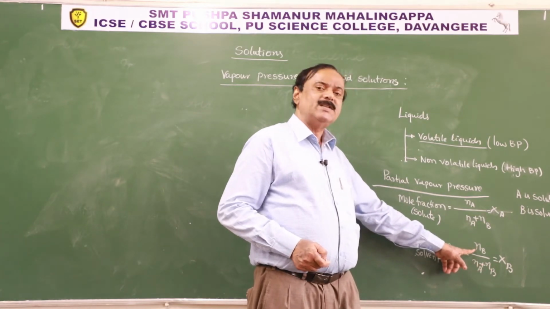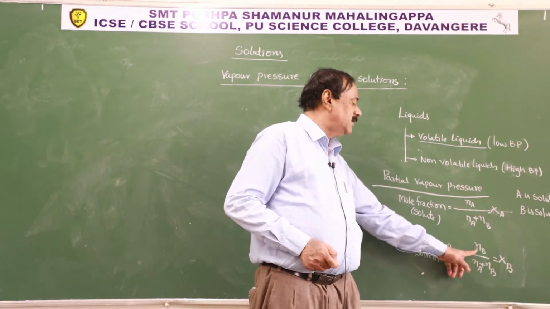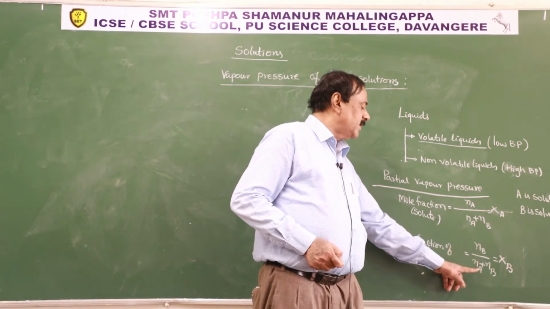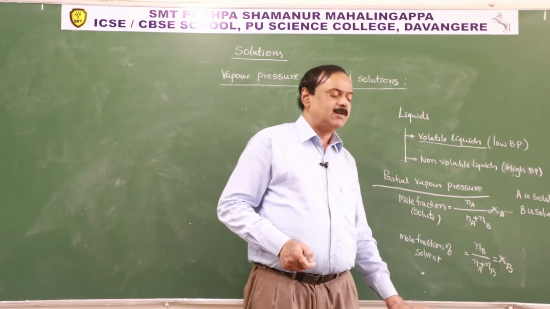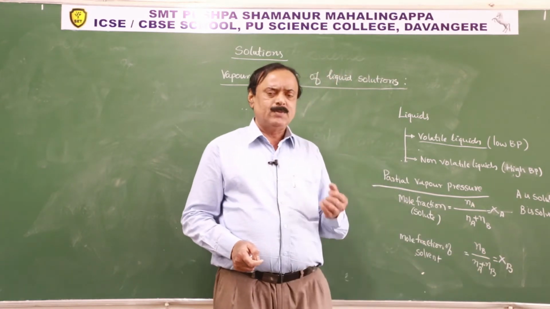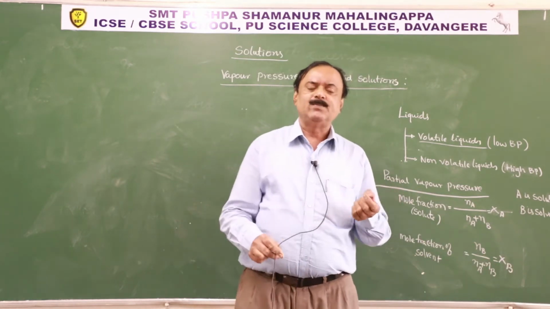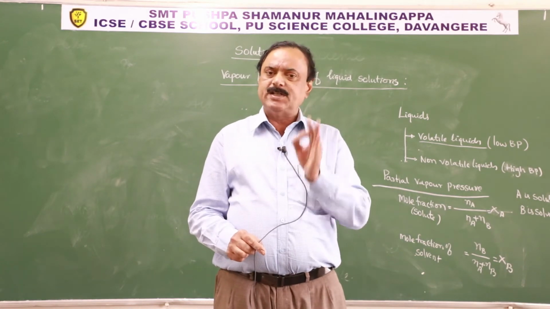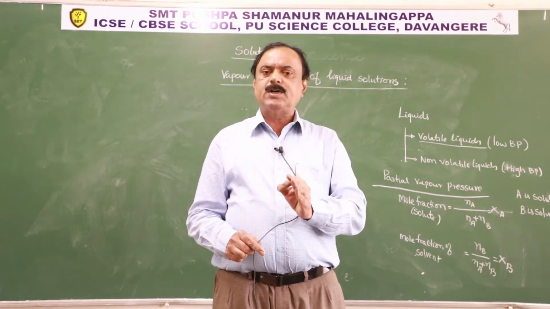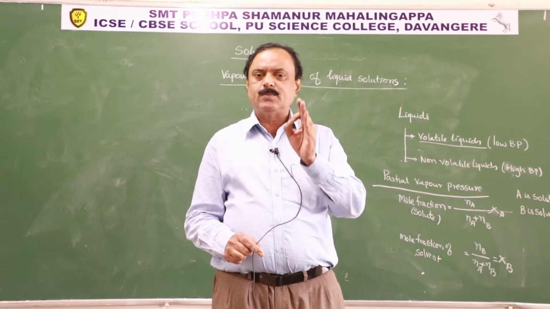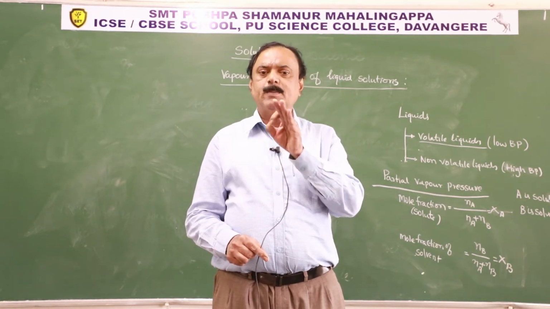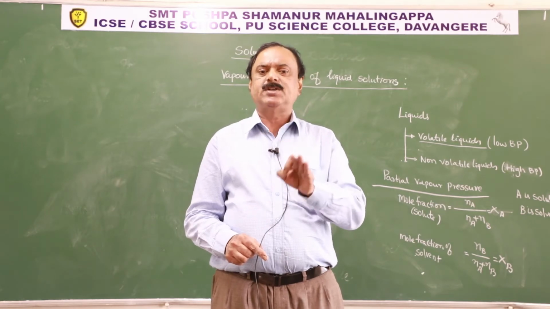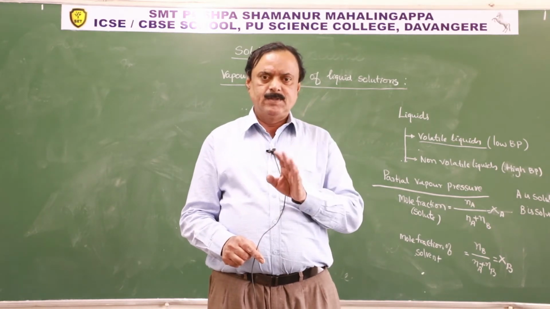Number of moles of the solvent divided by number of moles of the solute plus number of moles of the solvent. I will call it XB. Mole fraction in general is the ratio of the number of moles of the individual component to the number of moles of the total mixture.